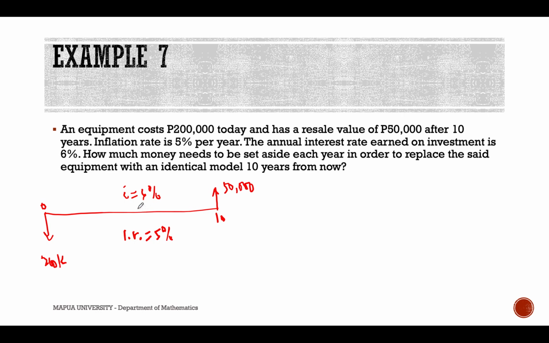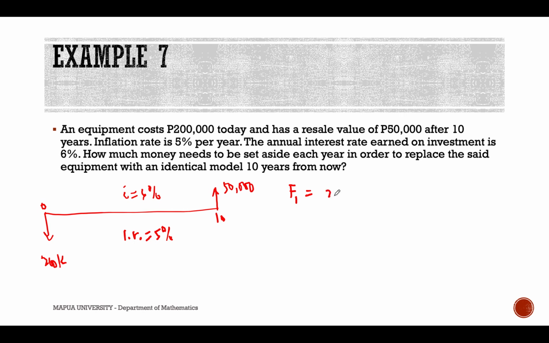Okay, now we compute for the future value of 200,000 using the inflation rate. So this is the actual amount of 200,000 after 10 years with an inflation rate of 5%.